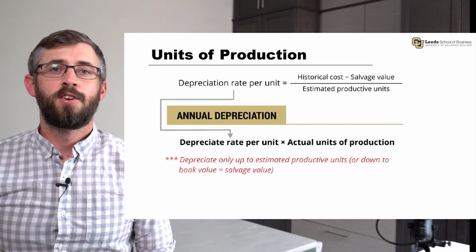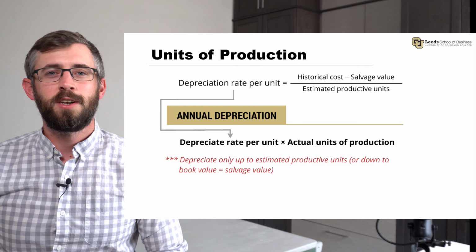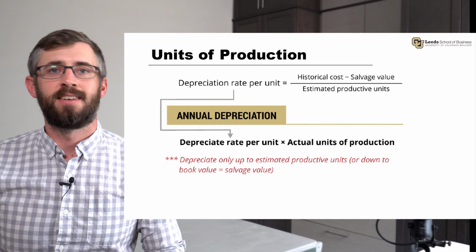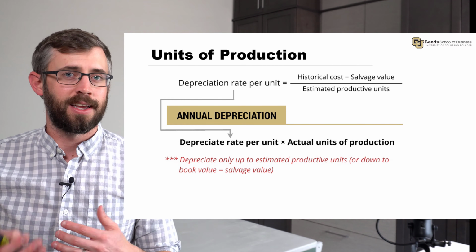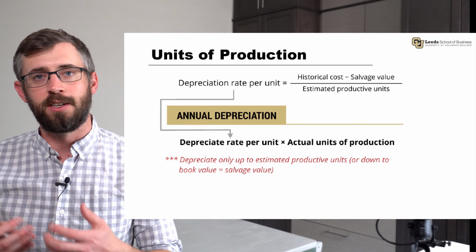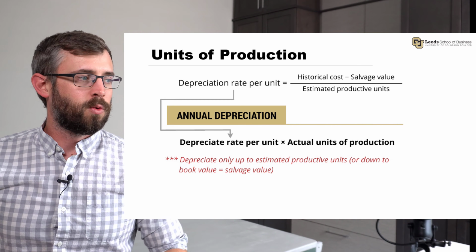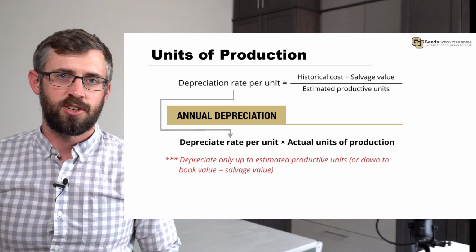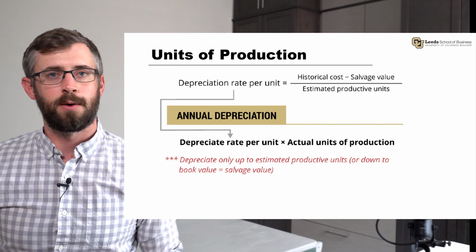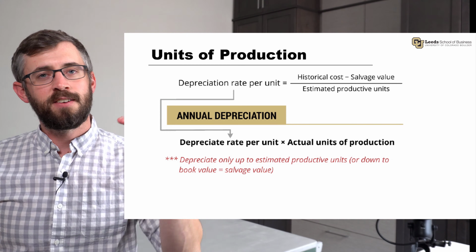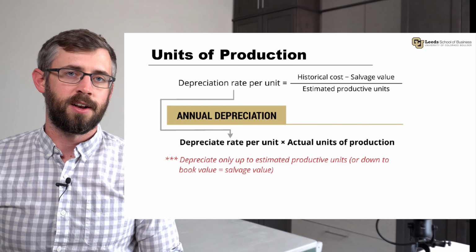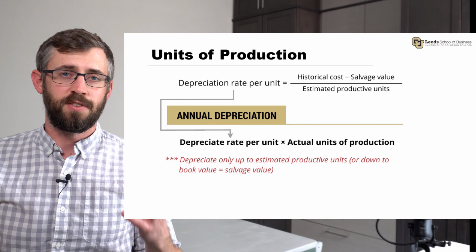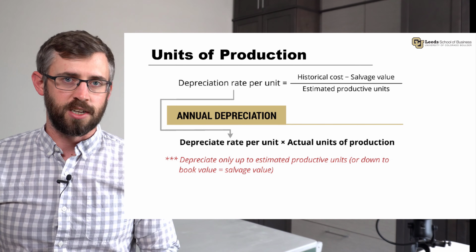Under the units of production method, we're going to assume that the asset is used up at the rate that it is producing units for us. So that might give us the best matching of revenues to expenses. What we're going to do here is still take that depreciable basis, or our cost minus our salvage value, so our total amount that we're going to depreciate. But instead of dividing by the number of years, like we did on the straight line basis, we're going to divide by the estimated number of units that we expect this machine to produce.